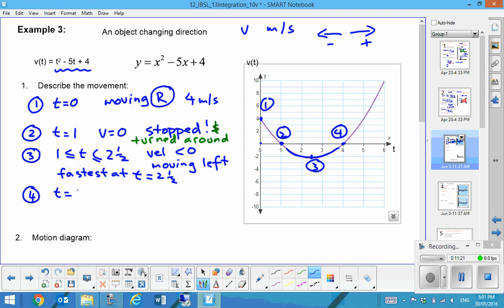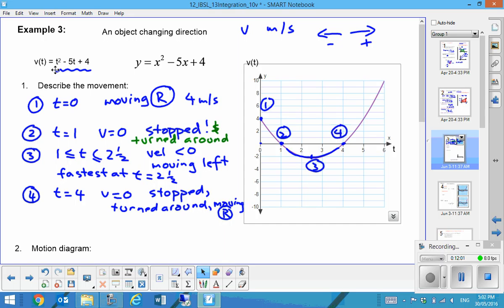All right, what's happening now at time equal to 4? At t equal to 4, velocity is 0. In other words, it's stopped, and it's now moving from a negative velocity to a positive velocity. So when we say here it stopped, that means it's going from a negative direction to a positive direction. So it stopped, turned around, and is now moving to the right.